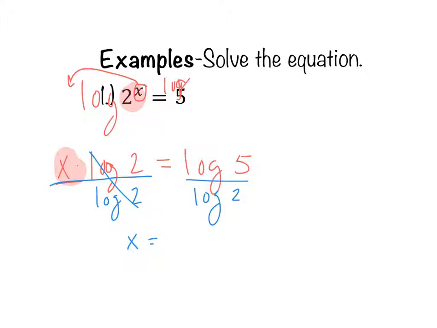Log of 5 divided by log of 2 is approximately 2.322. Let's go to three decimal places. There we go.